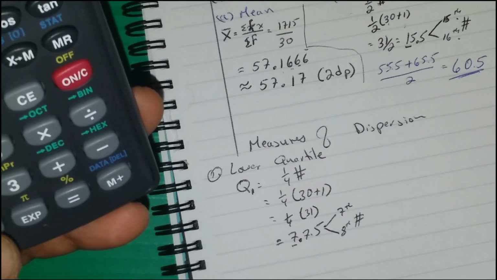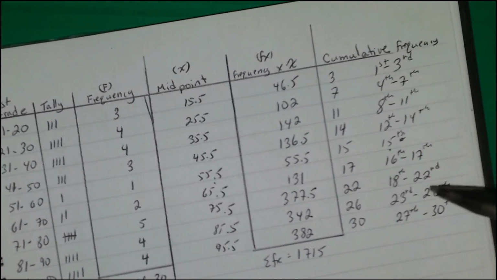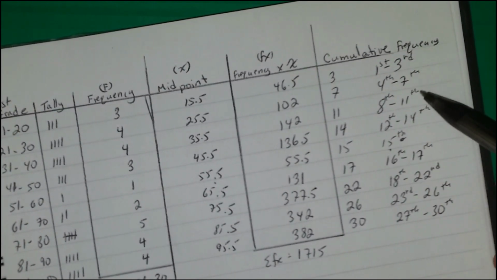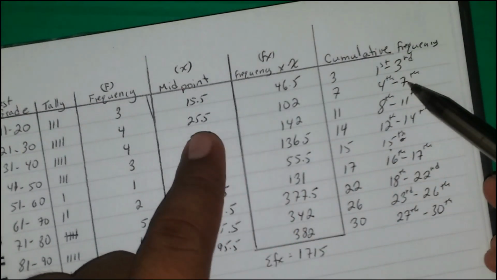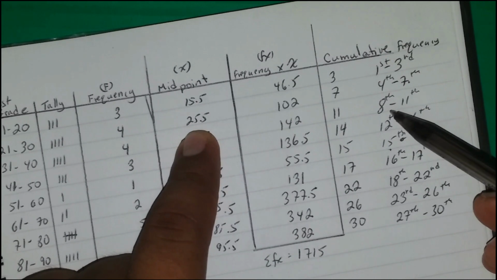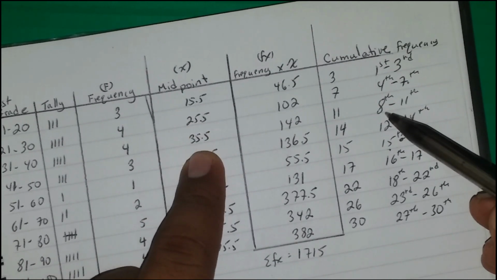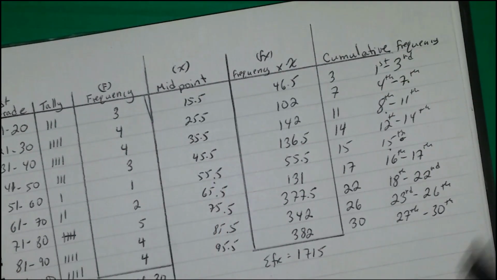If we go to our table and take a look at the cumulative frequency, we have that the 7th number is going to correspond to 25.5, and our 8th number is going to correspond to 35.5.